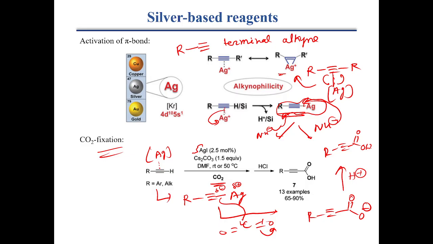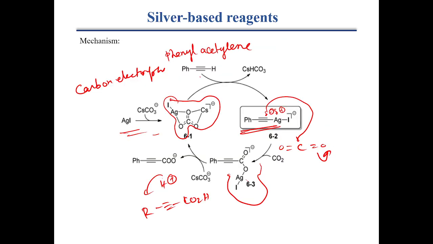The pi bond of the alkyne reacts onto the silver center. So from this it is activated via this way or this way, and further reaction happens. In presence of nucleophile or electrophile, it will react onto the alkyne center and form substituted product.